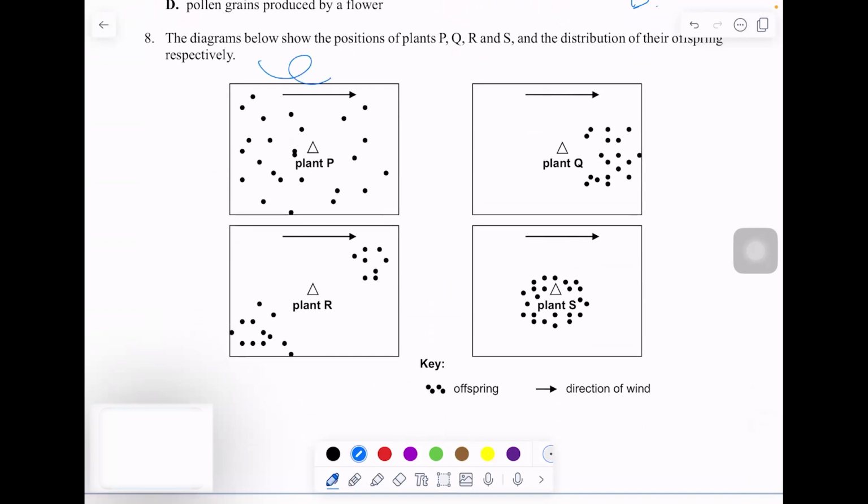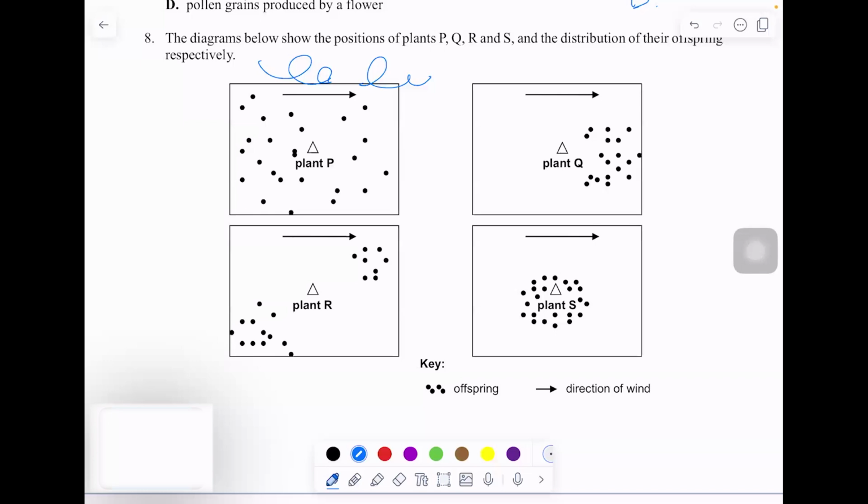If the plant has wind pollination, then most of the pollen grains would follow the direction of the wind.